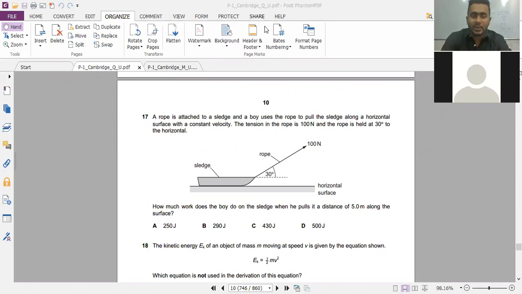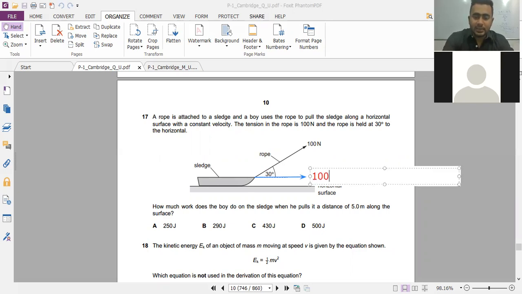So if I draw the horizontal component here of this 100 Newton force, then that's going to be this horizontal projection. Okay, so if it is the horizontal projection, then what is the value of the horizontal component of the applied force 100 Newton?